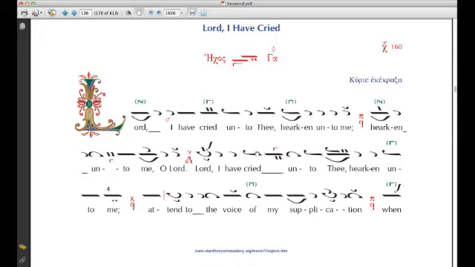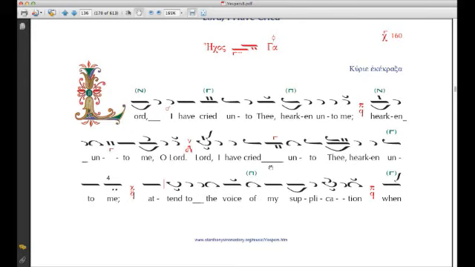So let us read. Na, and the intonation for this is na na ni ga. Vi ga vu ga vi ke vi ga vu pa vu pa ni.